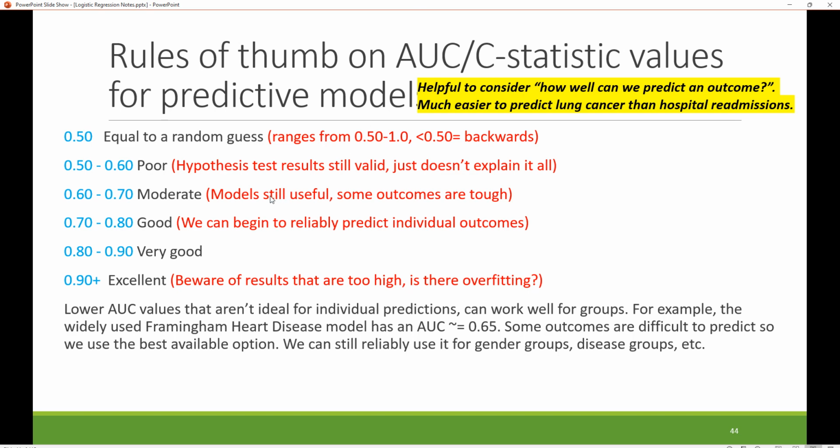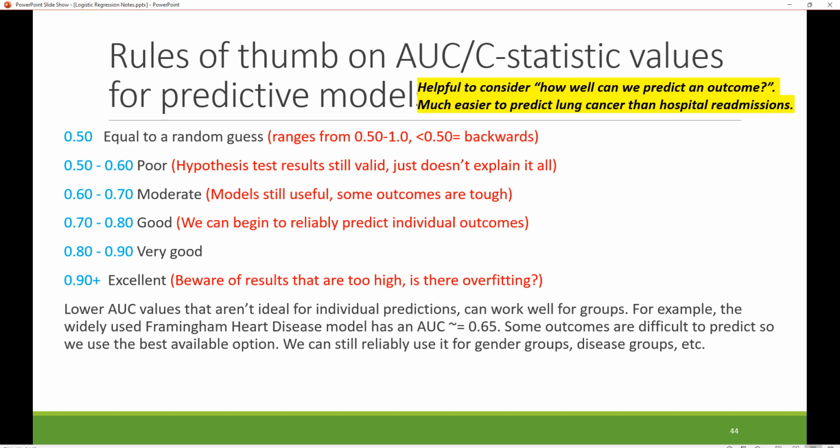So for our rules of thumb on the AUC, a value of 0.5 is equal to a random guess. AUC ranges from 0.5 to 1, and if we do get something that's 0.5, odds are we coded our outcome backwards.